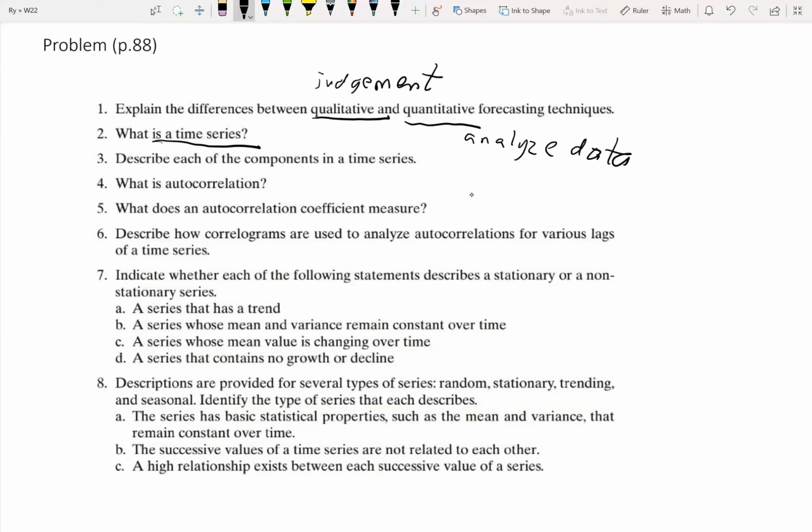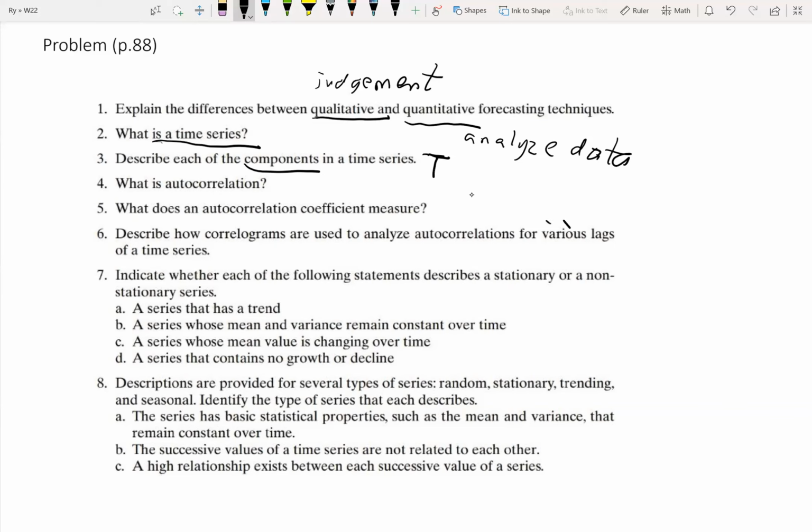Question 3, describe each of the components in a time series. What are the components in time series data? Anyone want to try? It will include time. Excellent. And also the value at a specific time. Yes, you are correct.